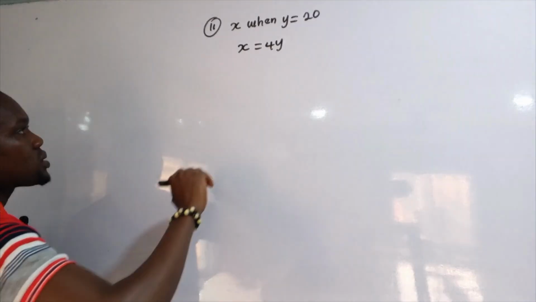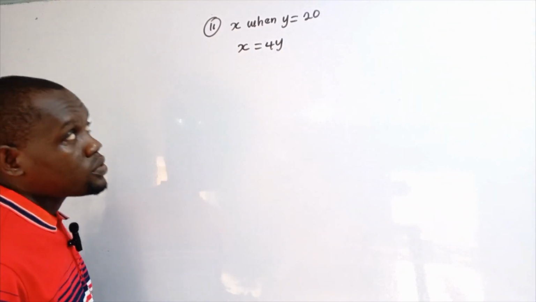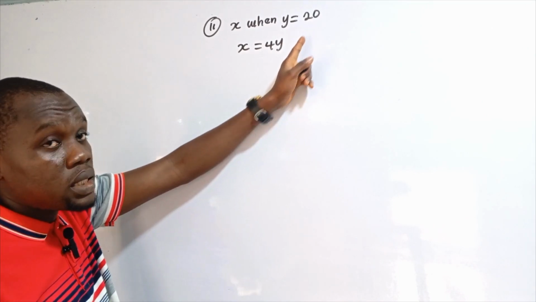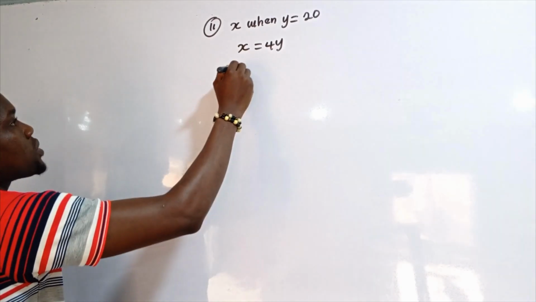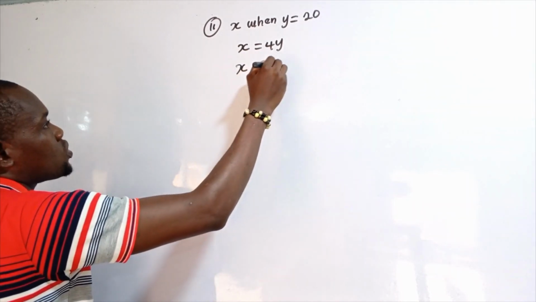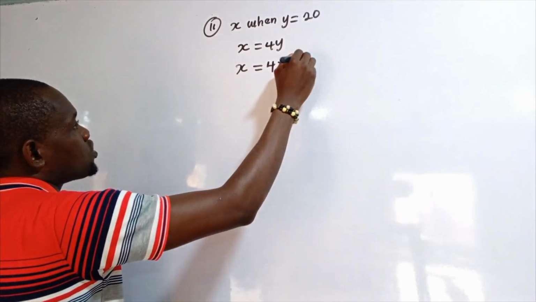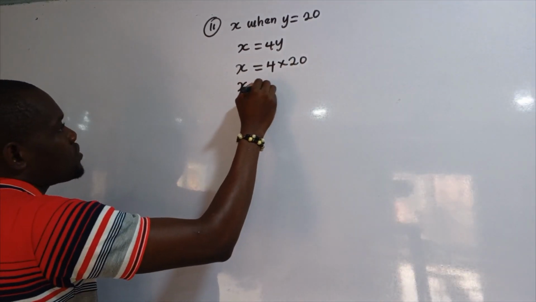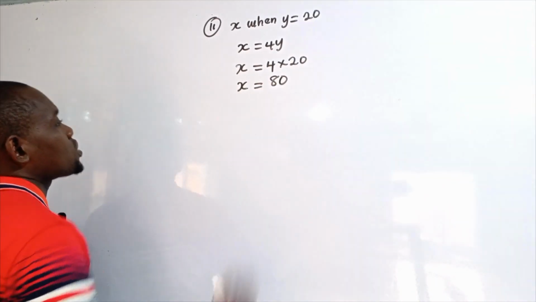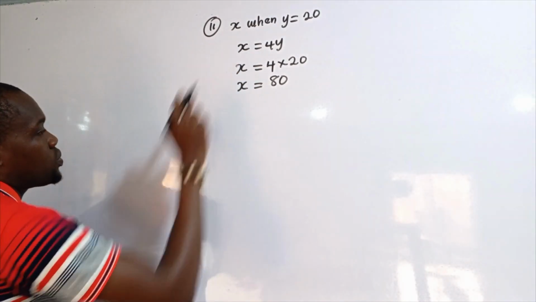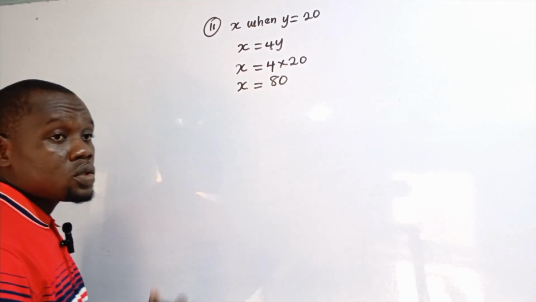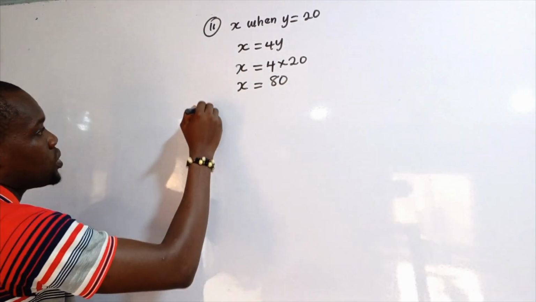That means we are going to substitute the value 20 for y in this expression. So we're going to have x is equal to 4 times 20. That means the value of our x is equal to 80.